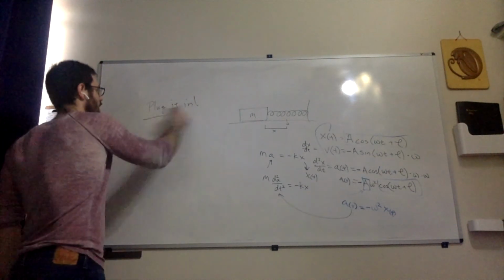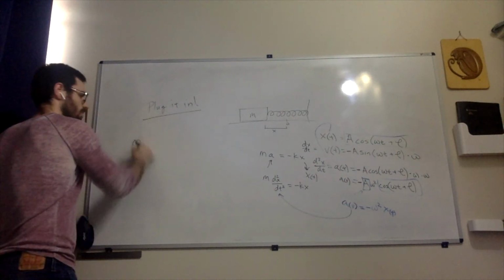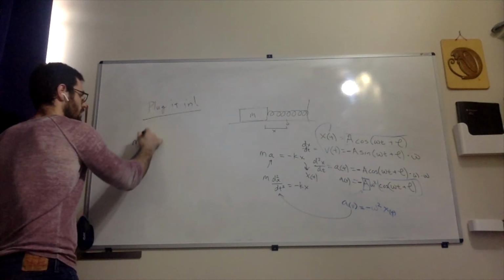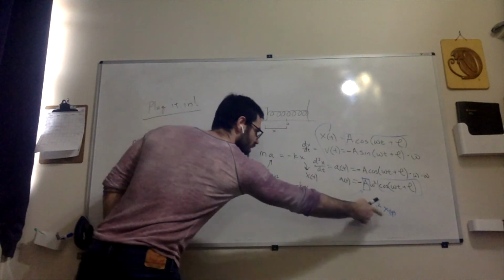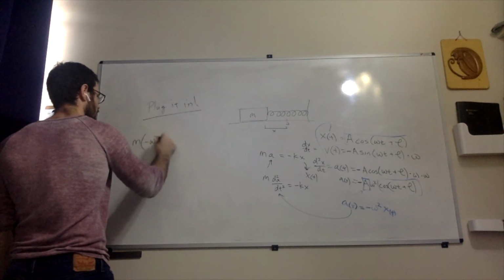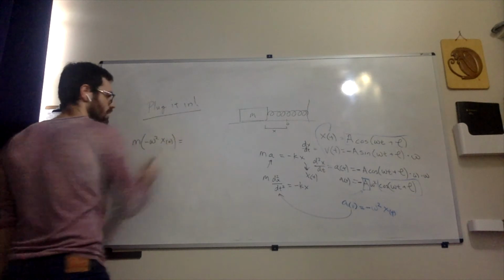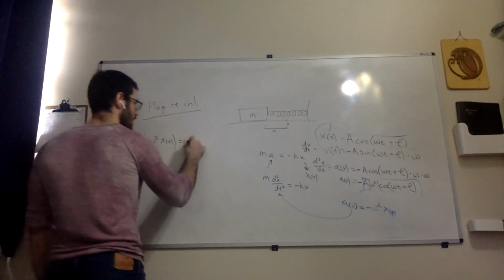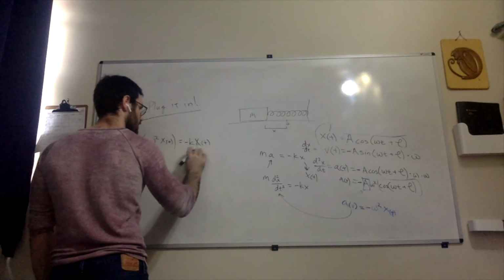So m times a of t, which is negative omega squared x of t, is equal to negative k times x of t.